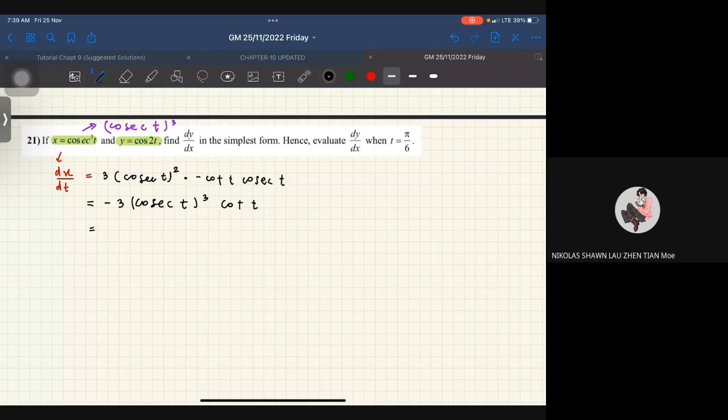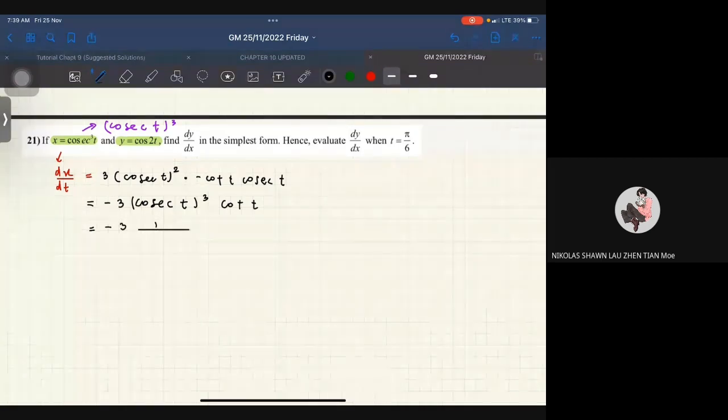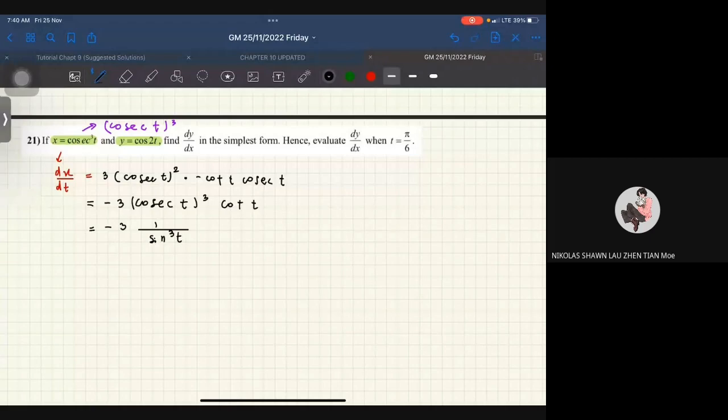So I will have negative 3 and then 1 over sine t cube. Saya letak cube dekat sini lah. Benda yang sama sahaja. Okay, and then what about cotangent? Cotangent sama dengan apa? Cos t over sine t, exactly.